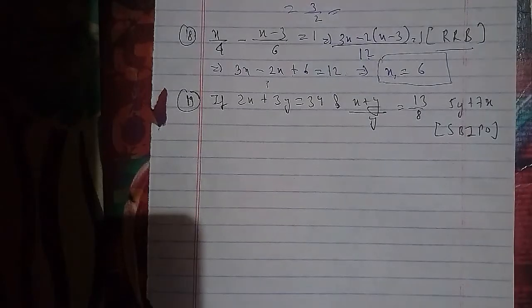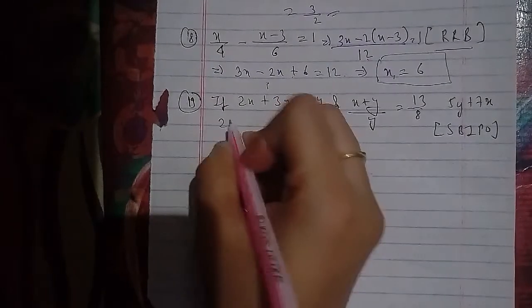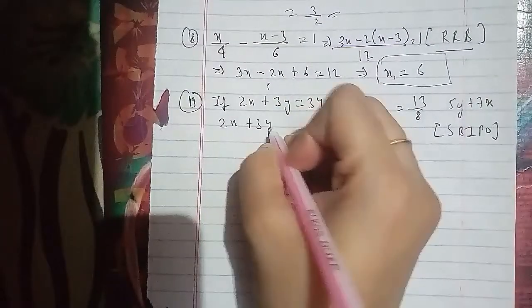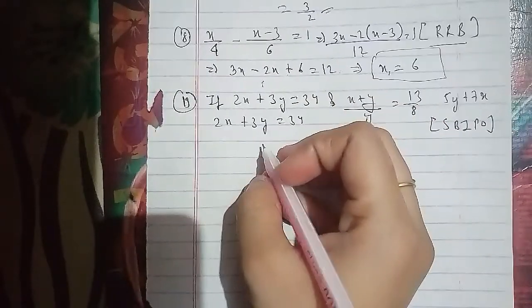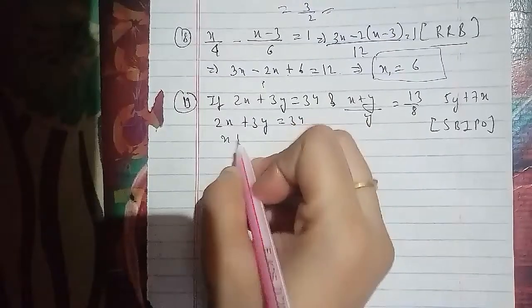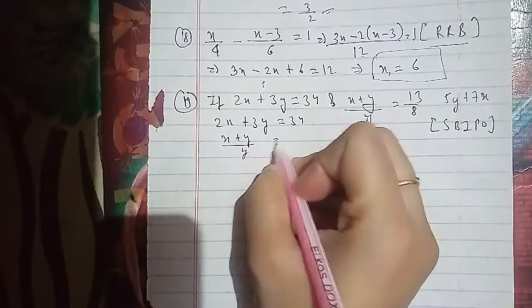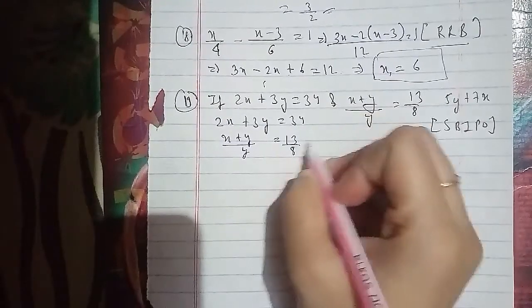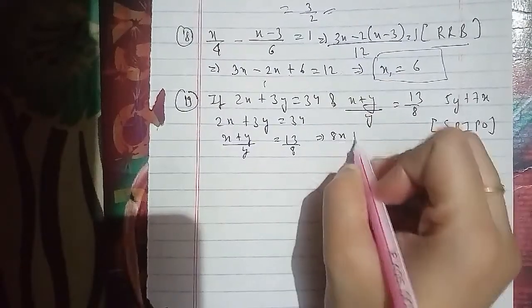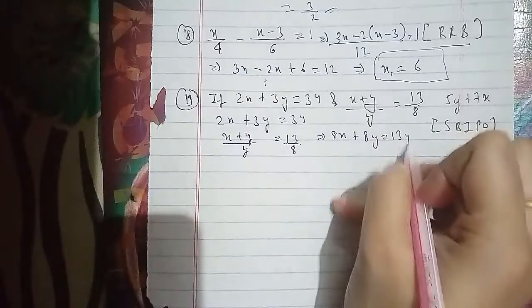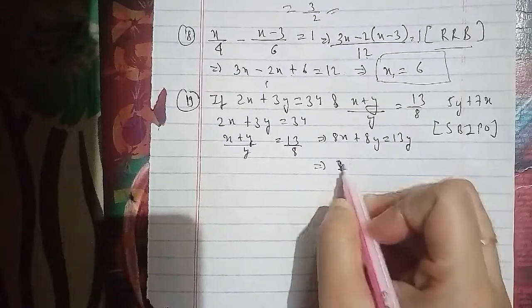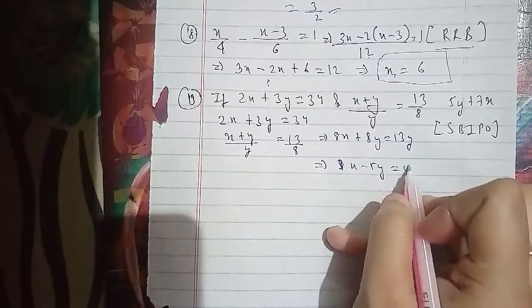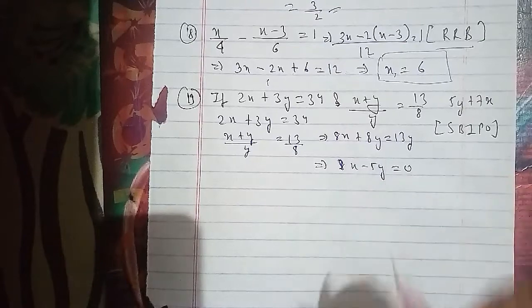For the given expressions, we have 2x plus 3y equals 34, and the other is (x plus y) upon y equals 13 upon 8, which gives 8x plus 8y equals 13y, and further 8x minus 5y equals 0.